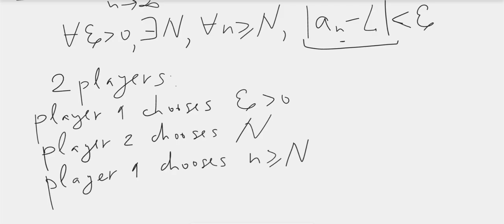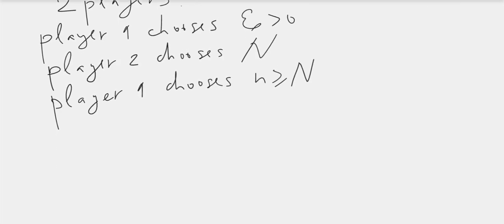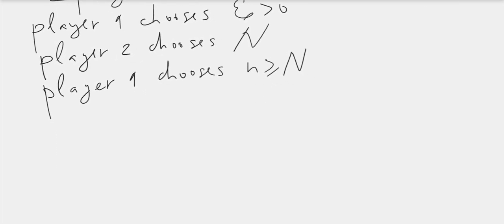And the goal of the first player, player 1, is that he wants the sequence not to converge. So he wants this inequality not to hold. And the second player wants the sequence to converge, and he wants this inequality to hold. So these are the rules.